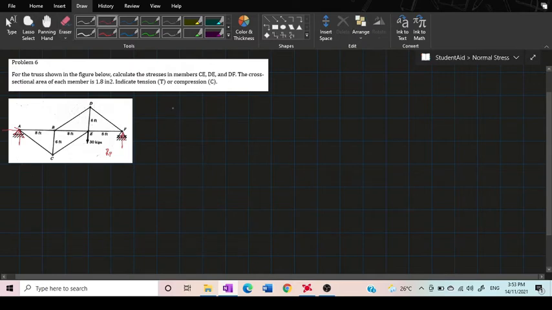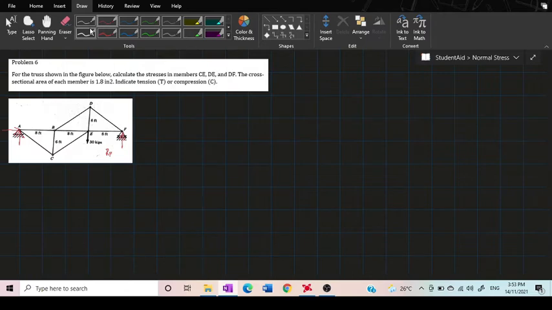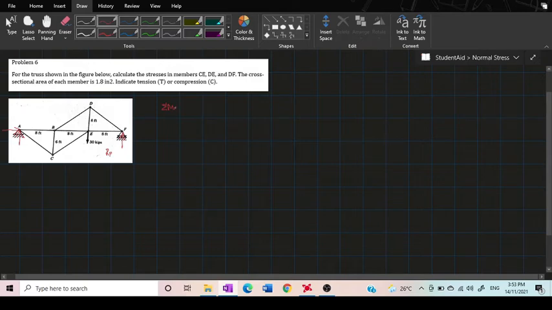To solve for RF, we'll be using summation of moments at A. Assuming that counterclockwise is positive, we got RF times 8 times 3, 24, minus 30 times 16 is equal to 0.